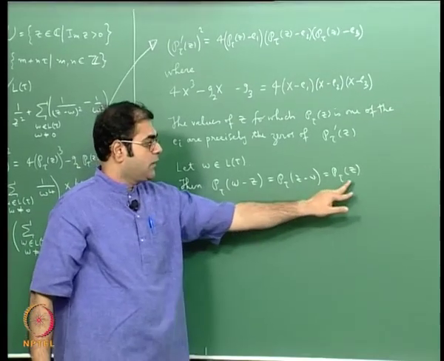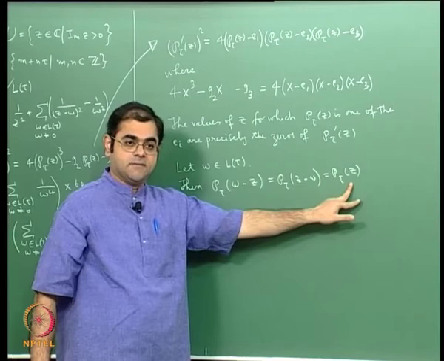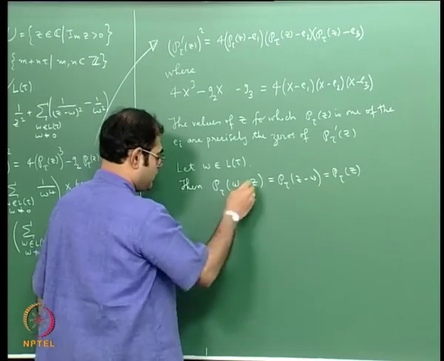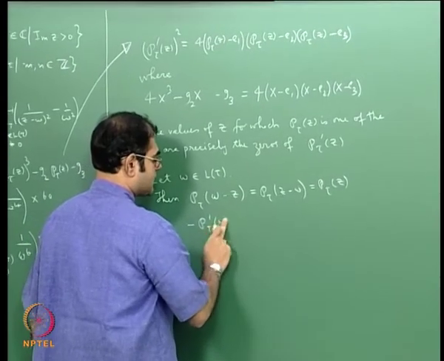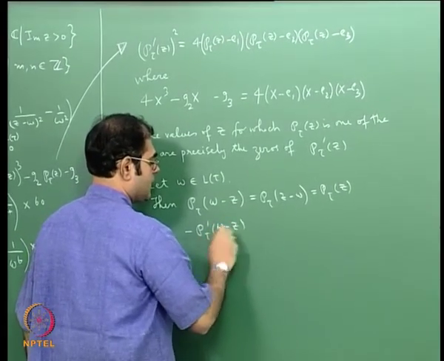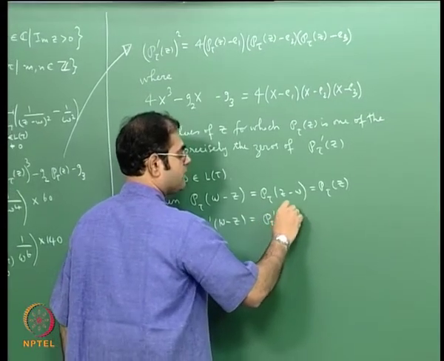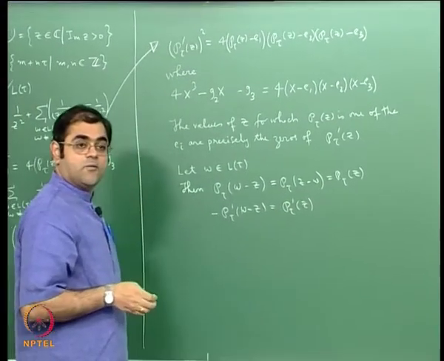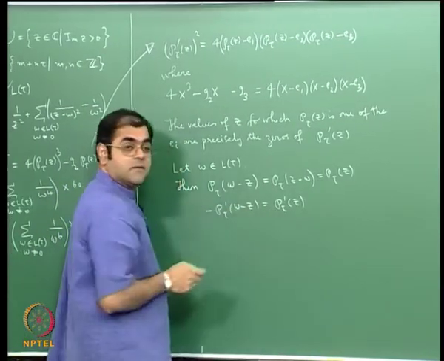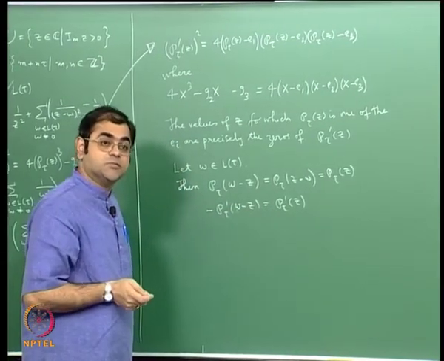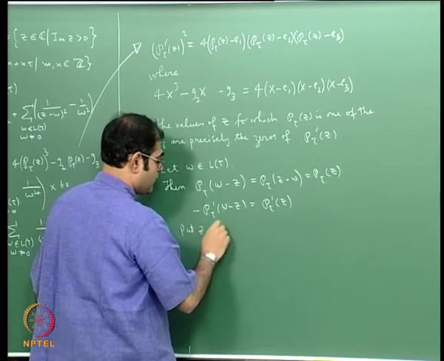Now you take the first one and the last one, and differentiate with respect to z. If you differentiate the first one, I will get minus p tau prime of omega minus z equal to p tau prime of z. Now suppose I plug in z equal to omega by 2.